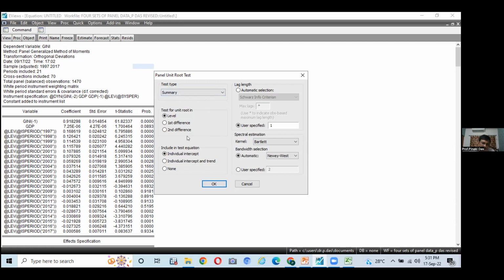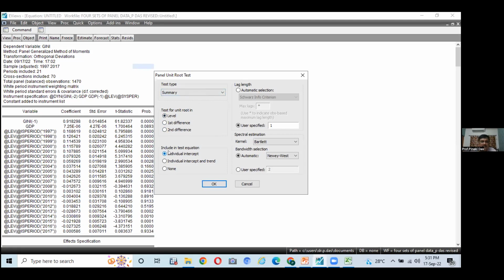Another step is the selection of the unit root: unit root at the level, or at the first difference, or at the second difference. Unit root at the level means unit root at the original variable, original data. And first difference means after transforming the data set to the first difference. First I considered GDP at level, that means GDP at the original data set.